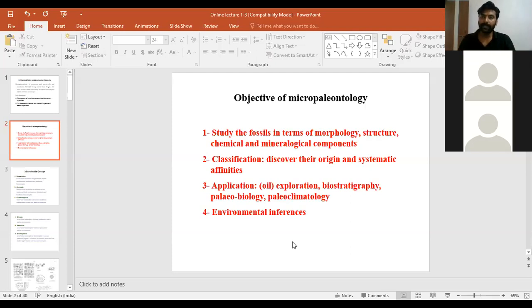We will study the application of micropaleontology in oil exploration, biostratigraphy, which I discussed again, paleoecology and paleoclimatology. These are important fields in which micropaleontology is applied to a very great extent. And then what inferences we make about their environment.